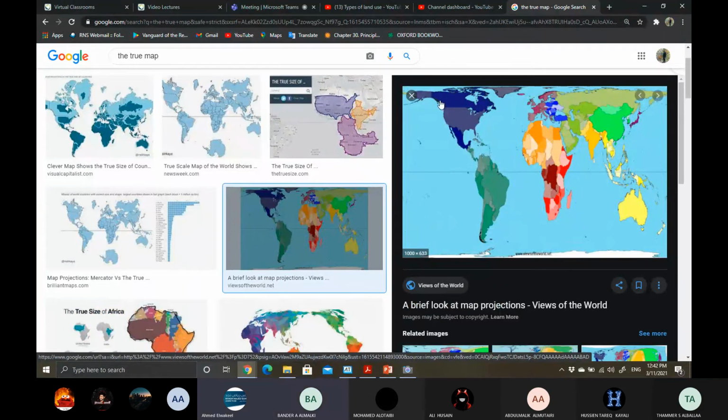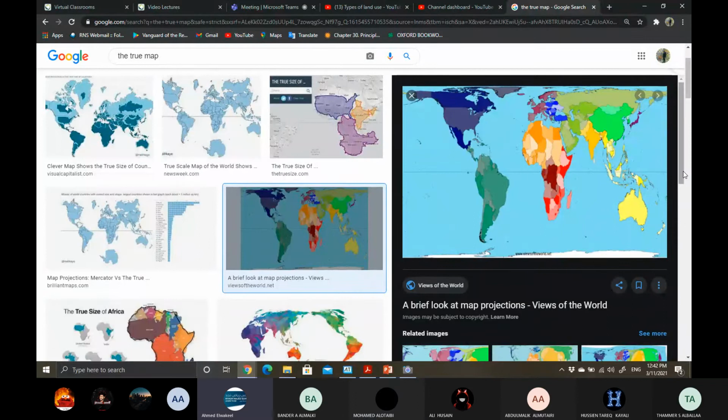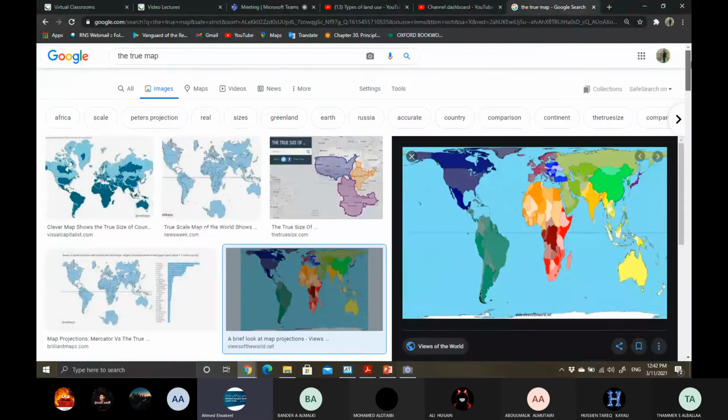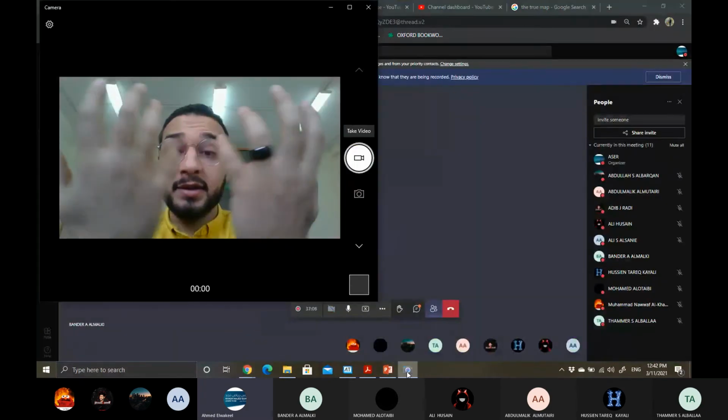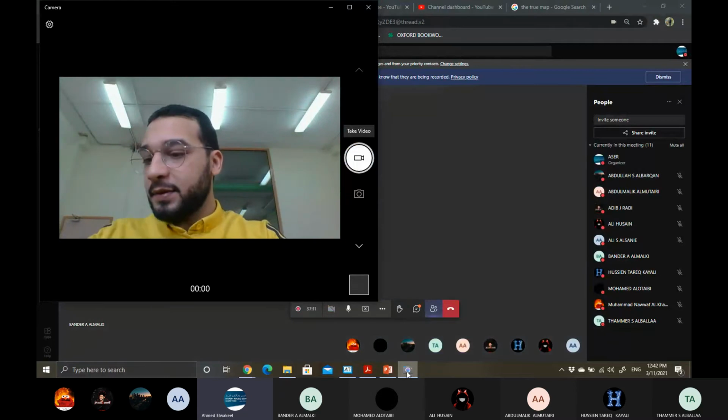Haven't you asked yourself why they always put Africa in the middle of the map, although our planet is a sphere? Just imagine our world is a sphere, and we need to flatten this sphere. How can I portray a sphere?